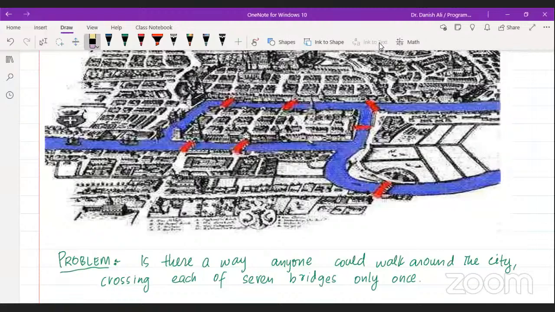Yes, and you have to cross all the bridges as well, yes, only once. So if anybody does not understand the problem, he or she can ask.